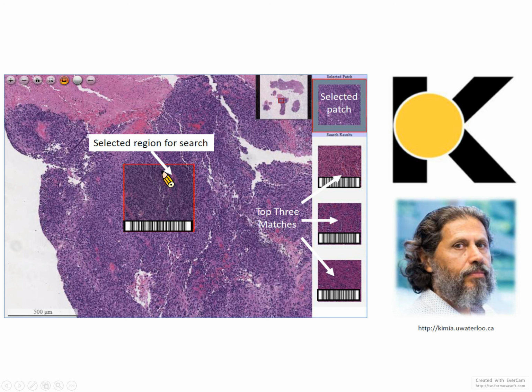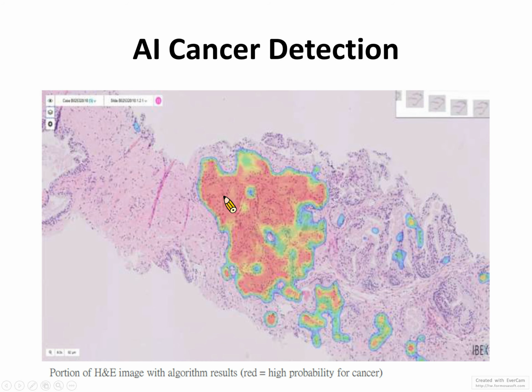You can magnify these regions and see if certain regions match certain patterns, and you can use some computer algorithm to do this kind of job. You can also develop an AI algorithm to identify the cancer cells in the whole image, because not every cell in the pathology image will be cancerous.